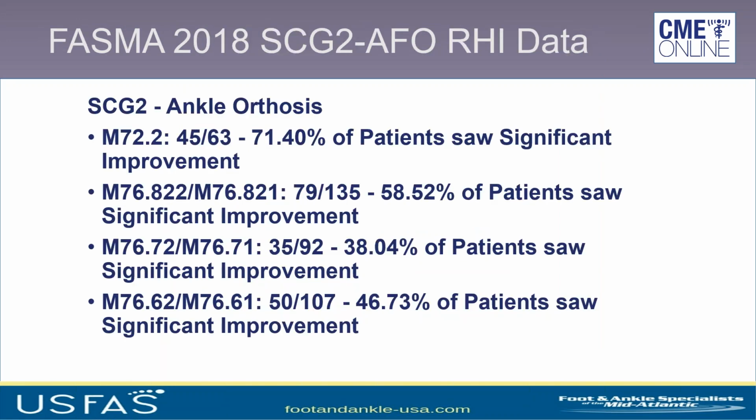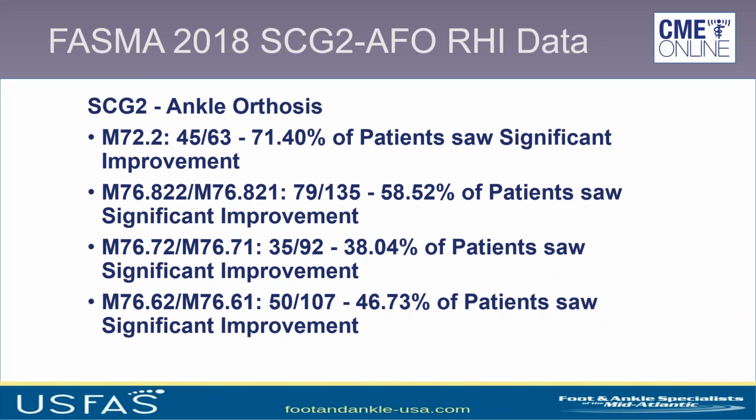Now, let me go into each one and discuss these different diagnosis codes and things like that, because it becomes very critical to understand what the diagnoses were relevant to the actual measures. So the SEG2 here for ankle foot orthosis, the first one is plantar fasciitis.